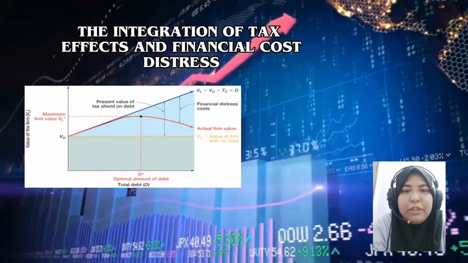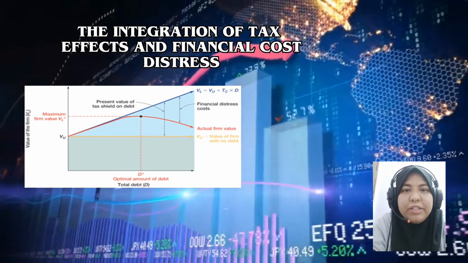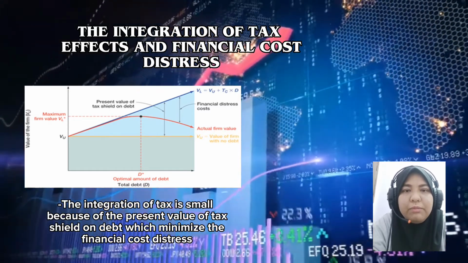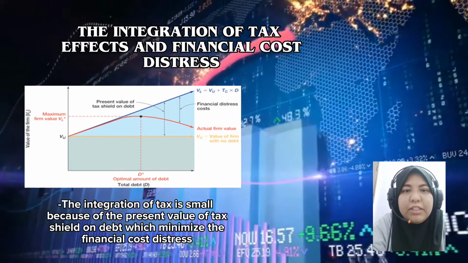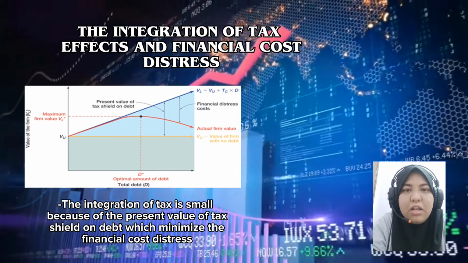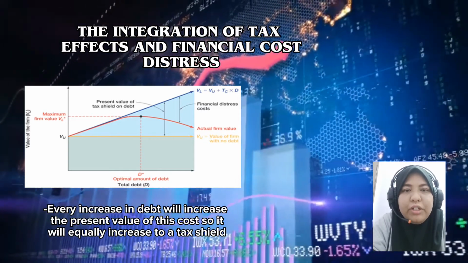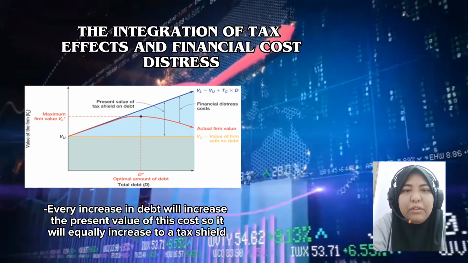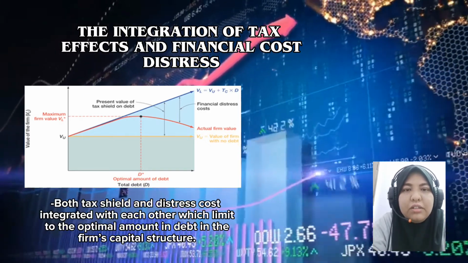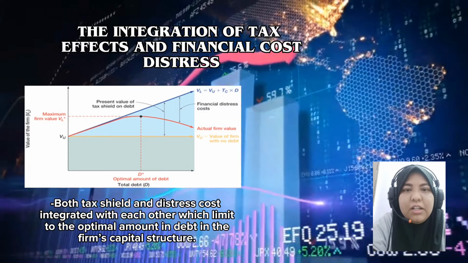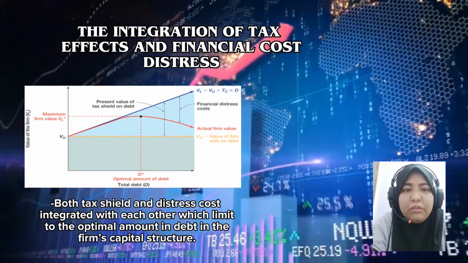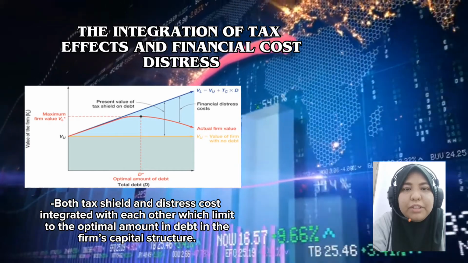Based on the figure, the diagonal straight line represents the value of the firm without cost. The integration of debt is small because the present value of the tax shield on debt minimizes the financial distress cost. So every increase in debt will increase the present value of this cost, and it will equally increase the tax shield. So both tax shield and distress cost are integrated with each other, which limits the optimal amount of debt in the firm's capital structure.